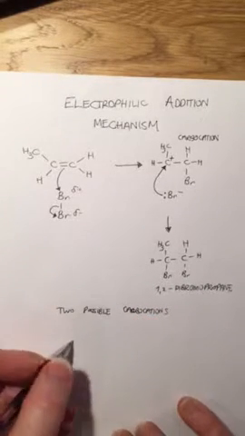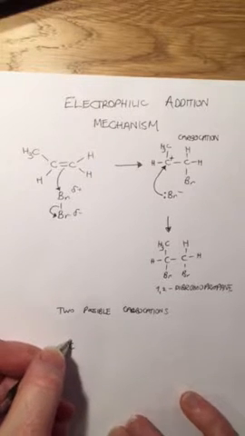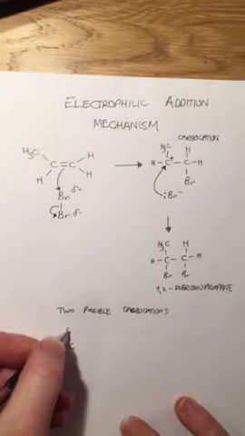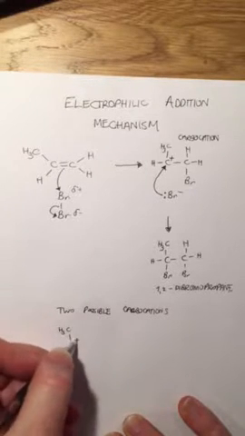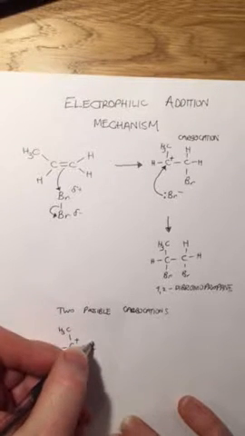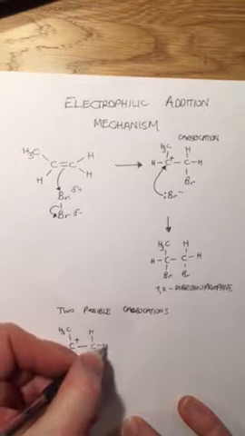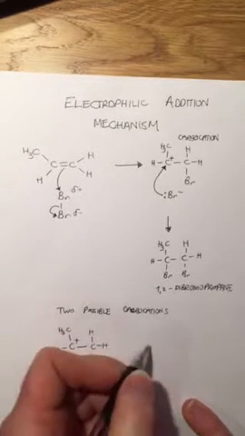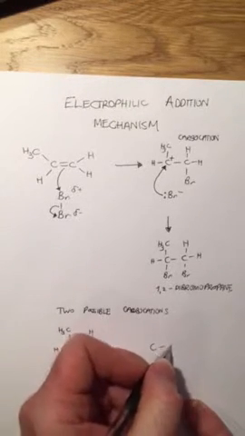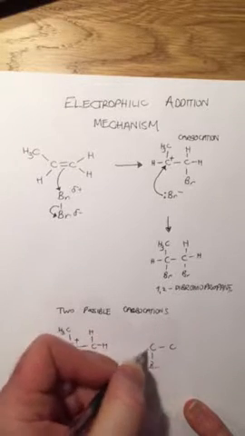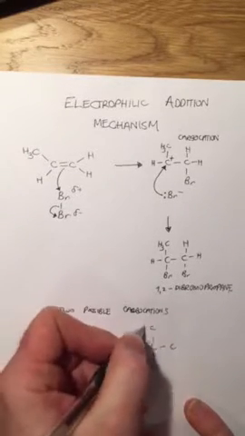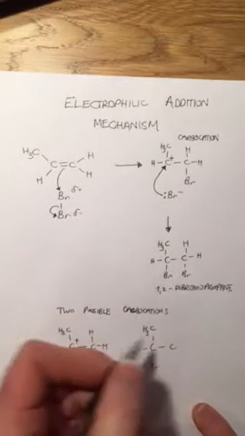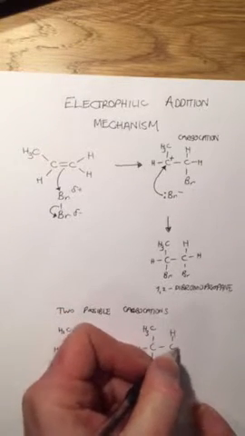Okay. So if I draw both of them out, first of all, then we can compare both of them. So this is the one drawn above. And this is the carbocation that I did not show.